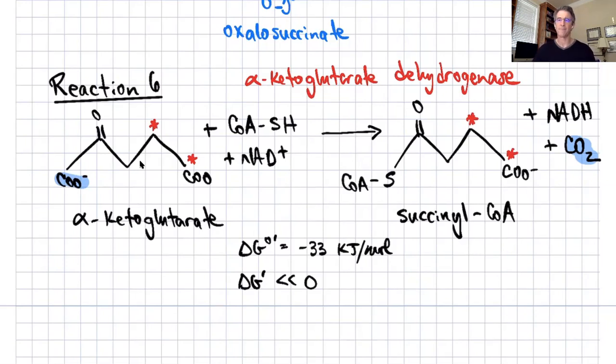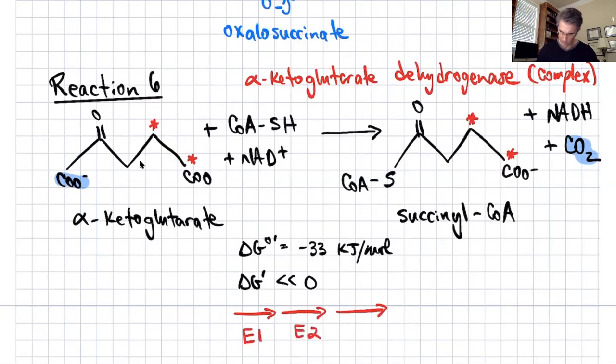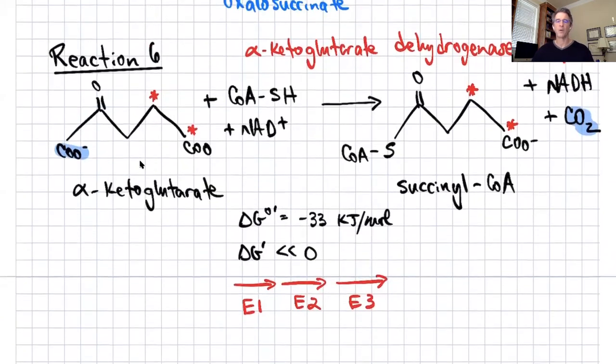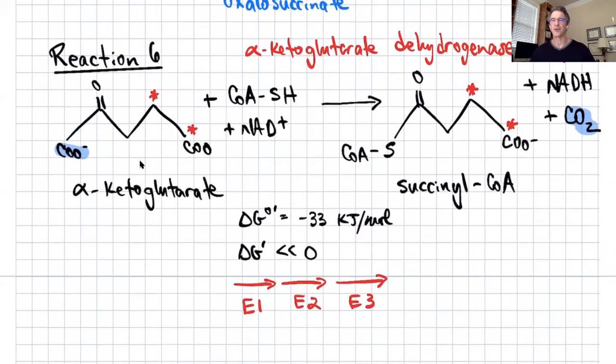Alpha ketoglutarate dehydrogenase is not a single enzyme. It's a complex, just like the pyruvate dehydrogenase complex. This enzyme complex also has an E1, an E2, and an E3. And I bet you guys can already start to guess what the cofactors involved in this reaction are going to be.